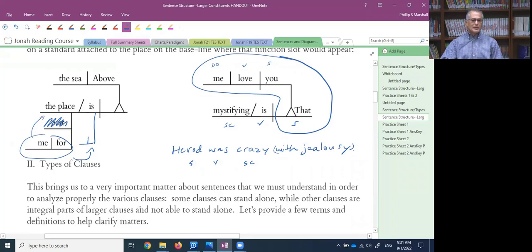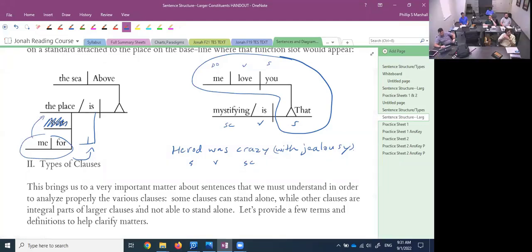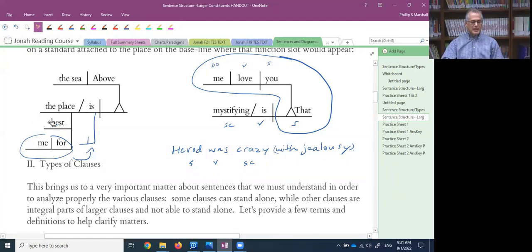Does that make it a little clearer that "for me" is more closely connected with "place" than anything else? It helps. Okay. And we've just made "place for me" superlative by adding "best."